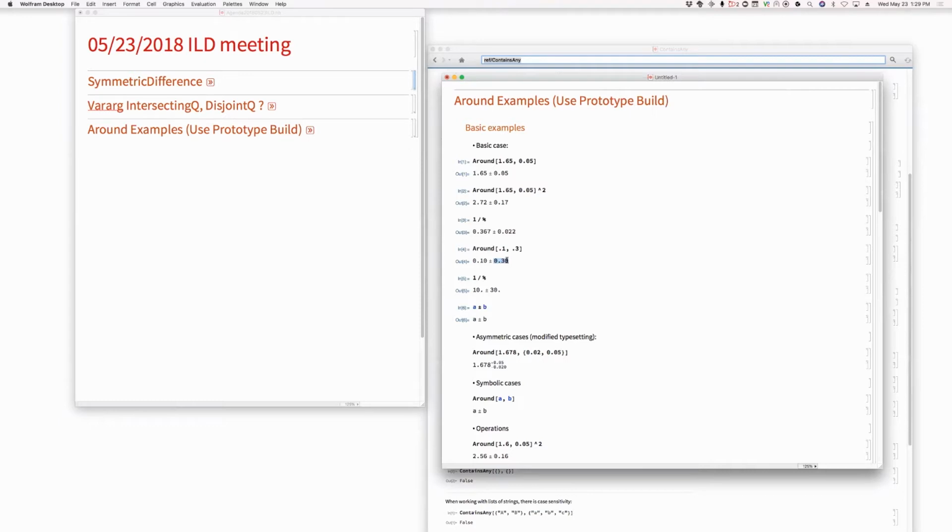I'm sure I can do it with 0.1 plus escape plus minus 0.045. Okay, now let's go in here. Yeah, that's rather beautiful. I think that will make it very clear what's going on.